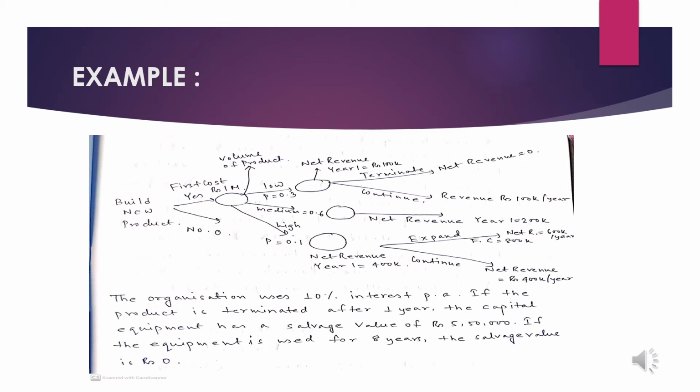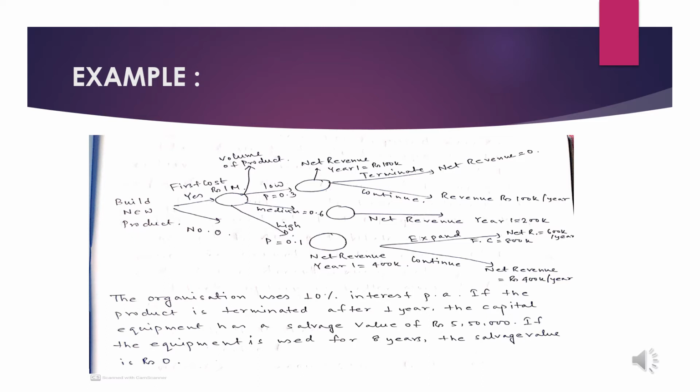When the volume of the product comes into account, there are 3 different branches coming out of it. What are the 3 branches? For low volume, the probability is 0.3. For medium volume, the probability is 0.06. And for high volume, the probability is 0.1.